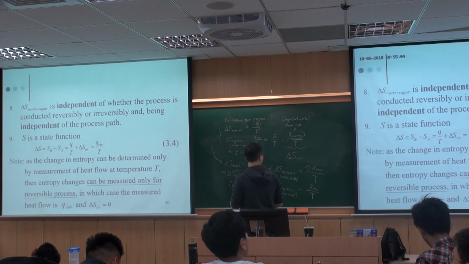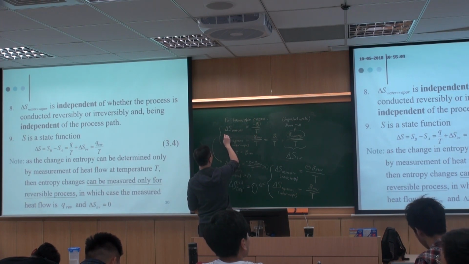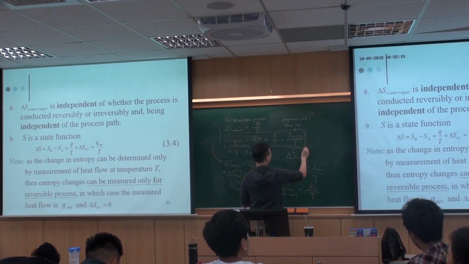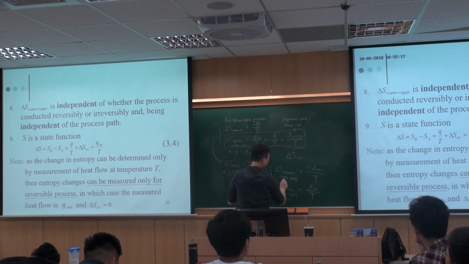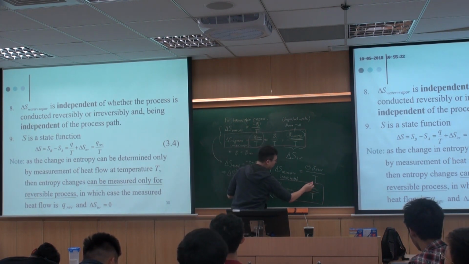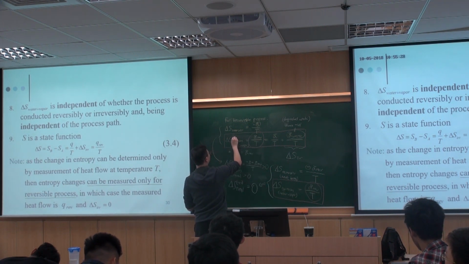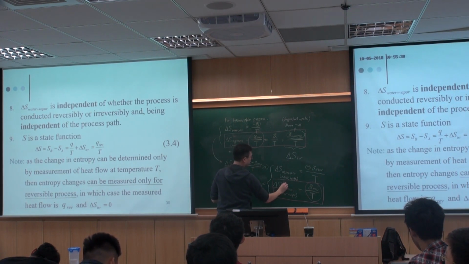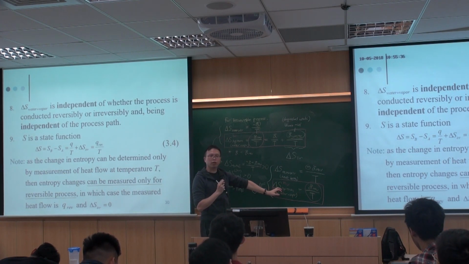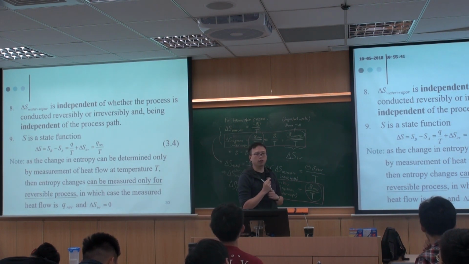Okay, so no matter whether it is irreversible or reversible, they all end up like this, which means that entropy S should be a state function, similar to the internal energy U.